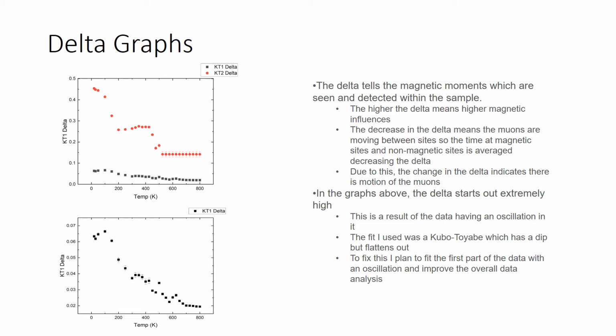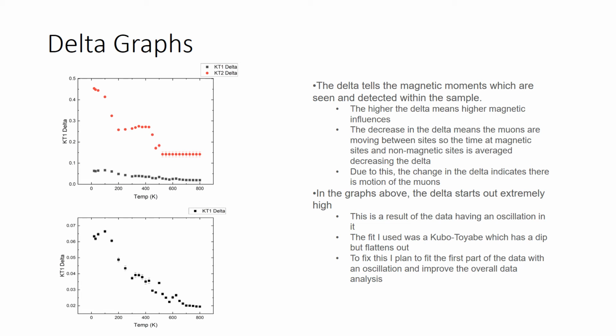Along with the amplitude versus temperature graphs, the fits also produced delta graphs, and the delta tells the magnetic moments which are seen and detected within the sample, which is done using the spin polarization, as previously mentioned, with the zero field runs.